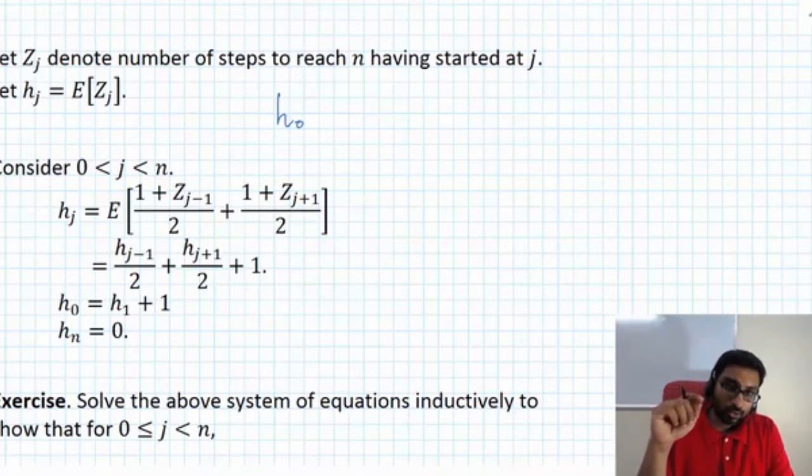So if you consider any intermediate state j, let's look at h_j. From state j, there are two possibilities.